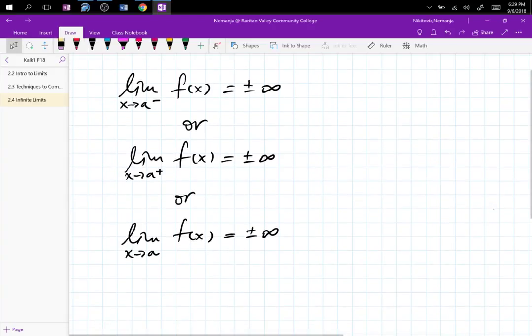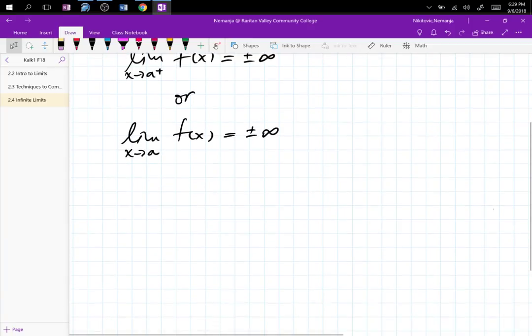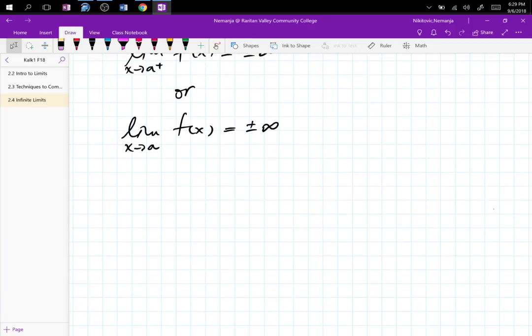And the example for this you have already seen. The best example to look at is f of x equals 1 over x, and then also 1 over x squared. But let's talk about this one first. We draw the function.